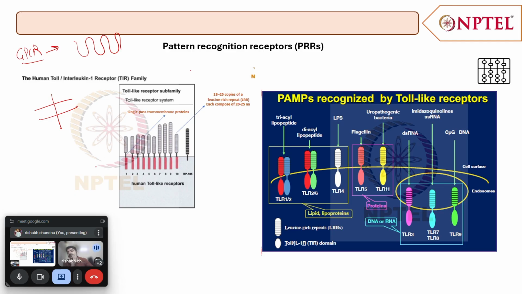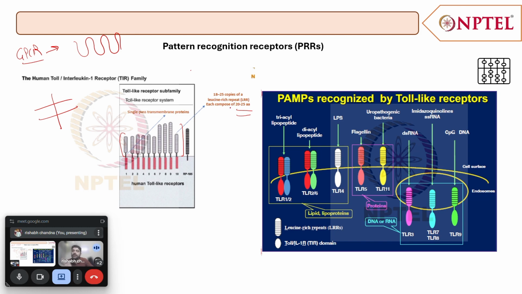Different TLRs will have different domains present on the outside of the membrane. There are 18 to 25 copies of a leucine-rich repeat, and each leucine-rich repeat is composed of 20 to 25 amino acids.